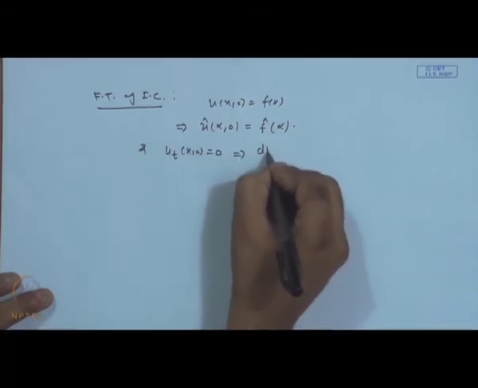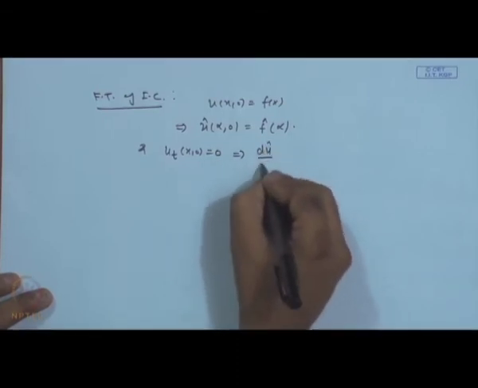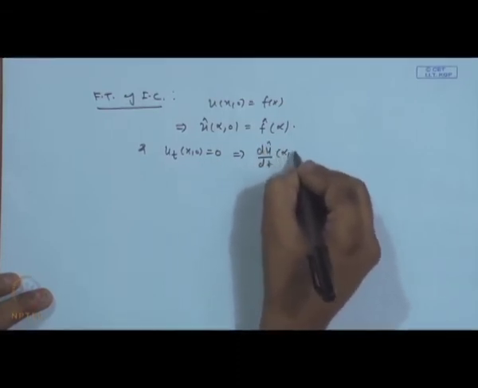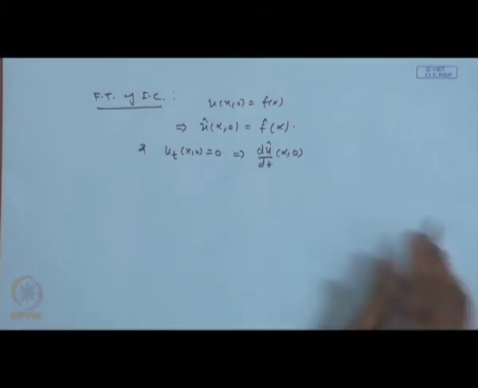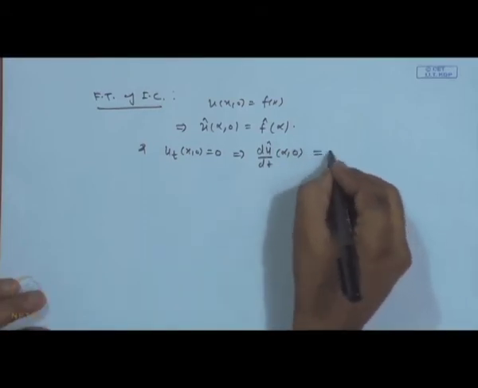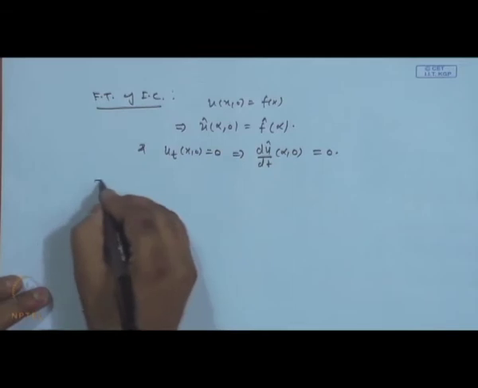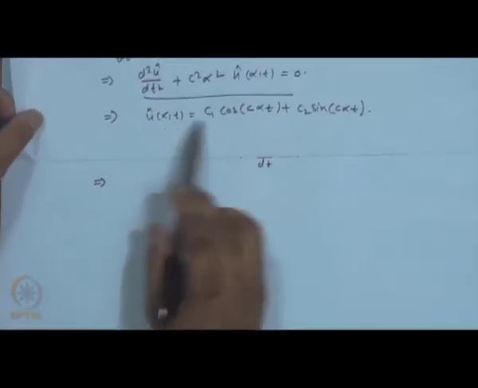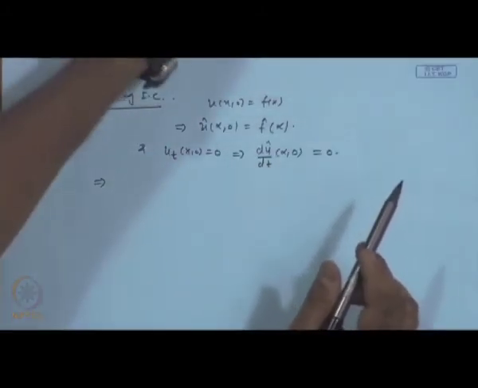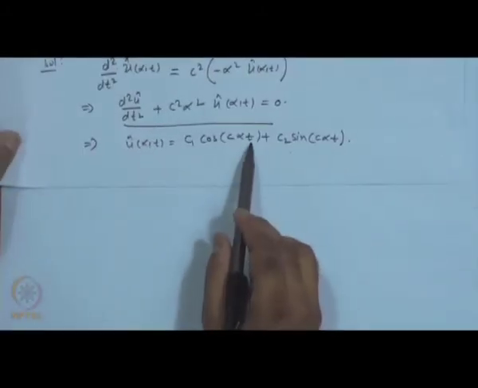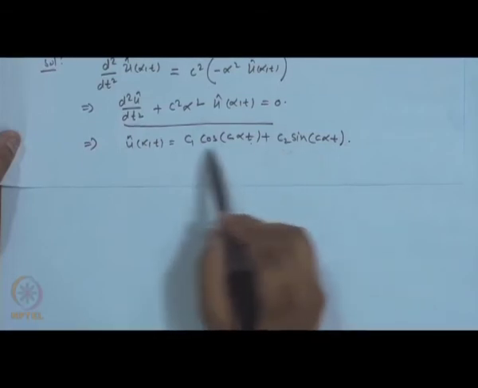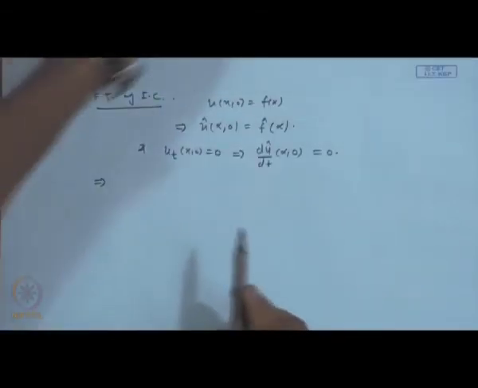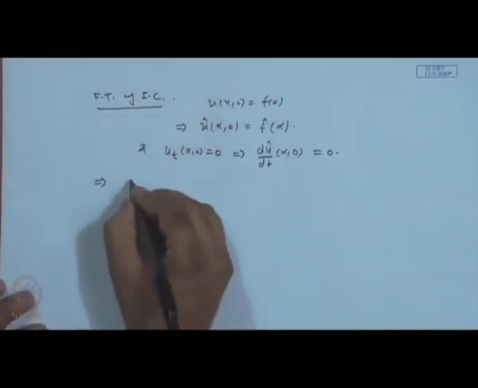From here we will get dû/dt at t approaching 0, and this is again 0. So from the first condition, our solution is û(α, t) = C1 cos + C2 sin. When we put t equal to 0, the sine is 0 and we have 1 for the cosine. So we get C1 straight away from the first condition.